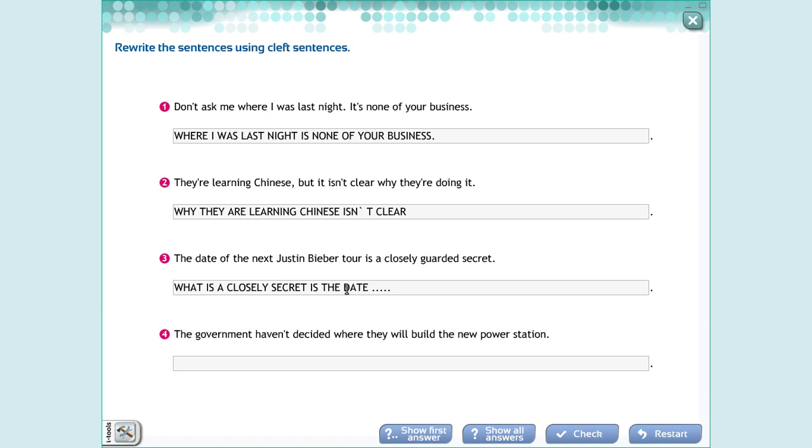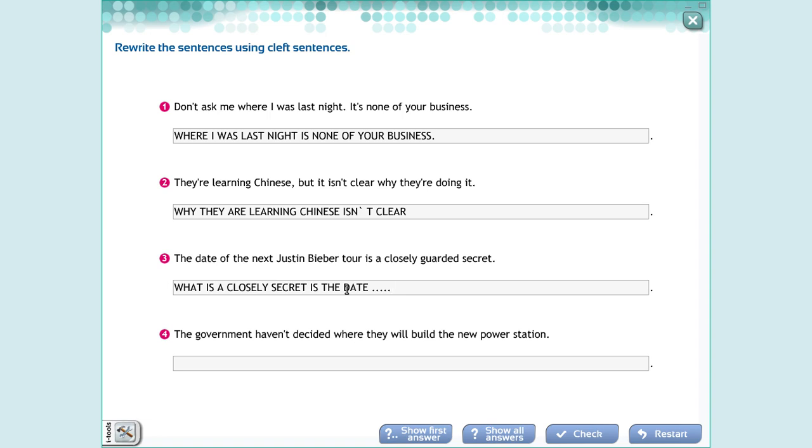Okay, the government has decided where they will build the new power station. So you are going to use the question word where. Onde o governo vai construir ainda não foi decidido.